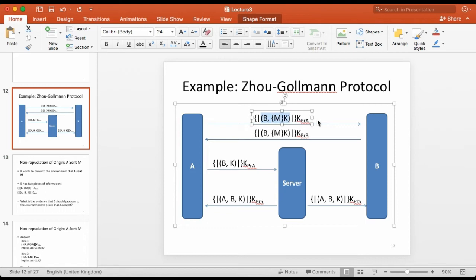So therefore, this internal content, B and the encrypted message M, are available to B.